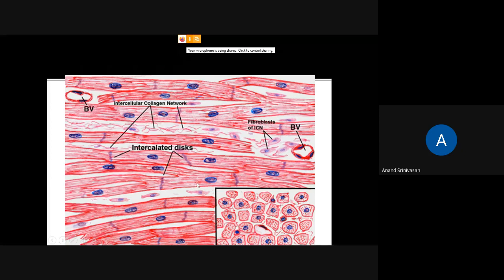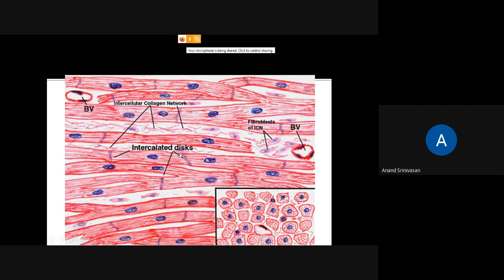There are striations, you can see the line structures, so they are striated. The nucleus is in the center, and you can see some small purple lines. These purple lines are called intercalated discs.